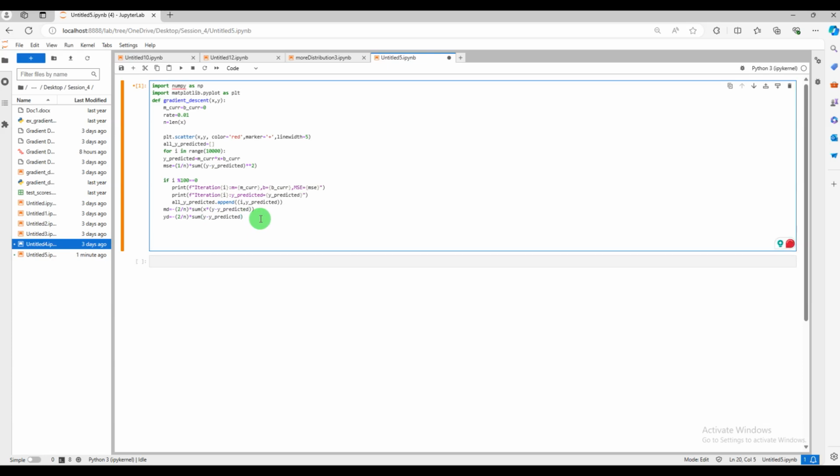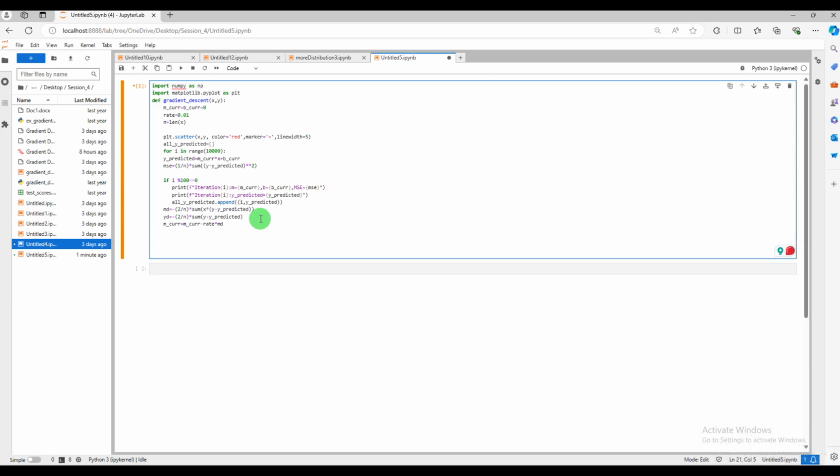Enter m_curve equal m_curve minus rate multiply md. b_curve equal b_curve minus rate multiply yd.